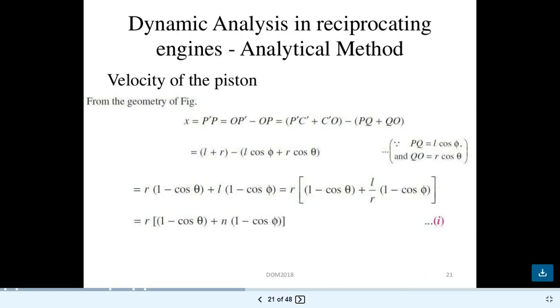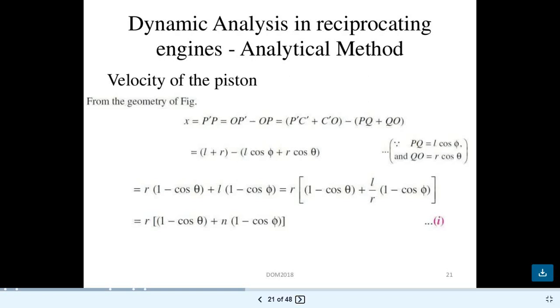Taking R out, it is R into [(1 minus cos theta) plus L by R into (1 minus cos phi)]. Since L by R is equal to N, we get R into [(1 minus cos theta) plus N into (1 minus cos phi)].